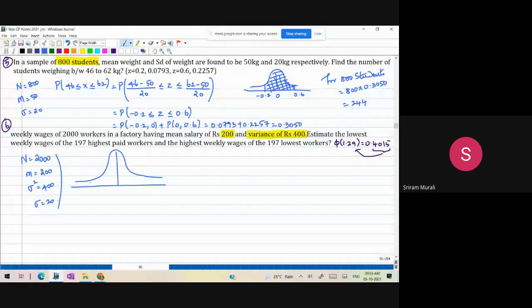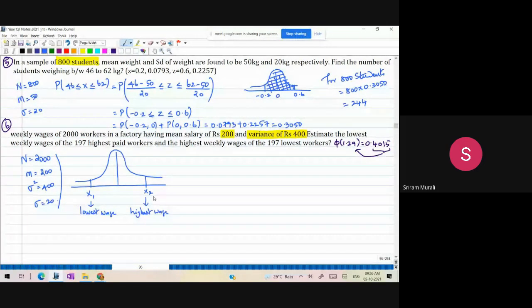Lowest wage always comes on the left hand side. Highest wage always on the right hand side. Do you agree? Yes, sir. So the lowest wage means I want to find this X. Some say X1, some X2. X1 is the lowest wage, X2 is the highest wage.